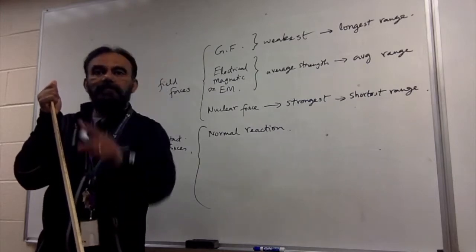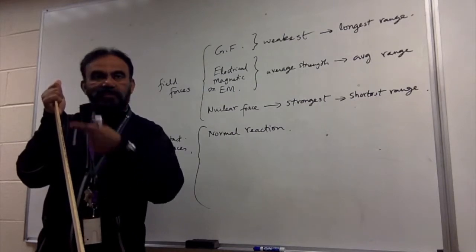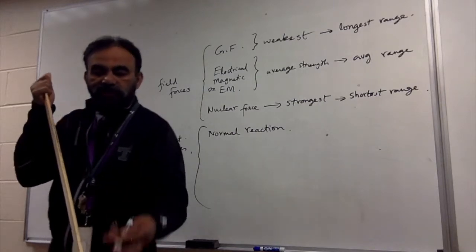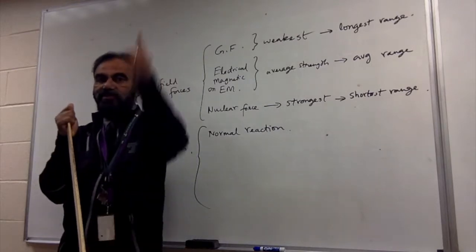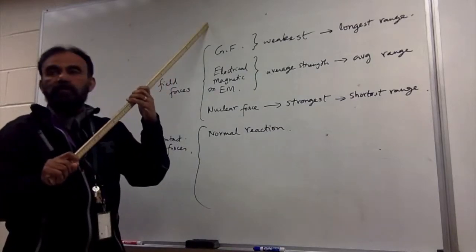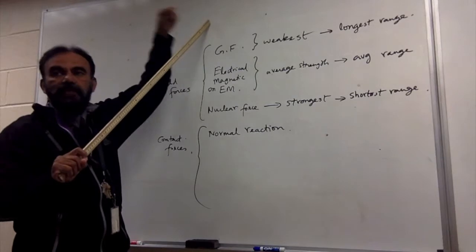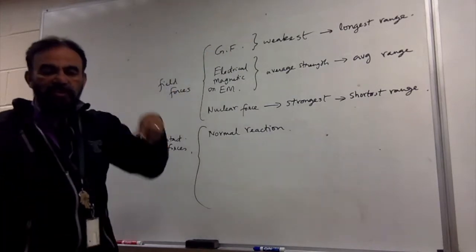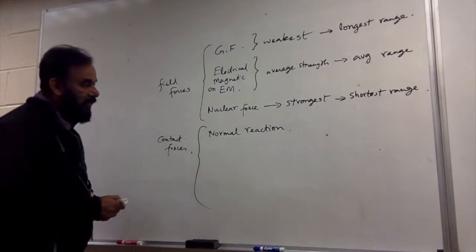It is vertically up, not along the meter stick. It's vertically upward from the surface. So the normal reaction is supposed to be straight up. If I touch the board like this, where is the normal reaction? Straight out. You get it? So normal reaction is a kind of force, mainly because of contact.